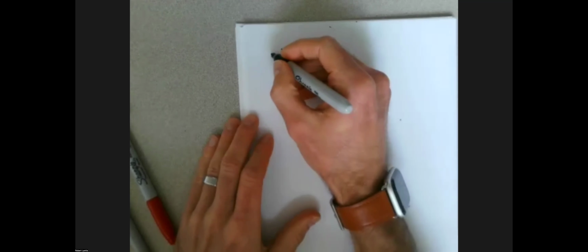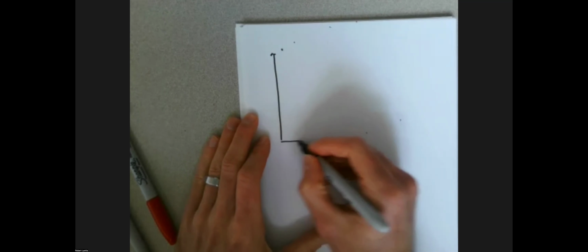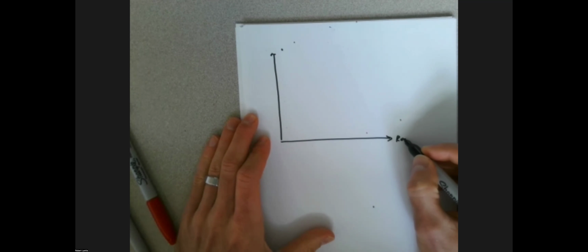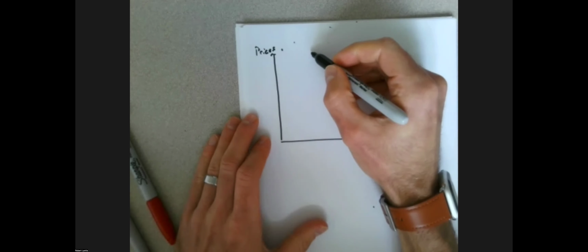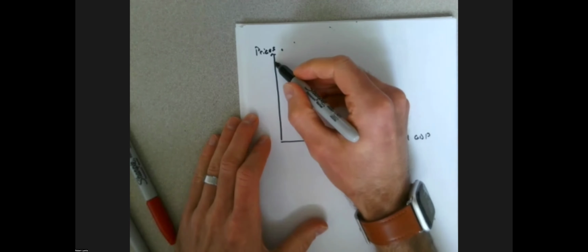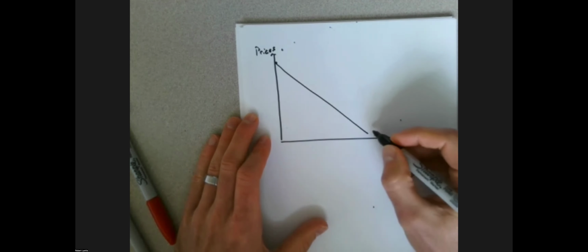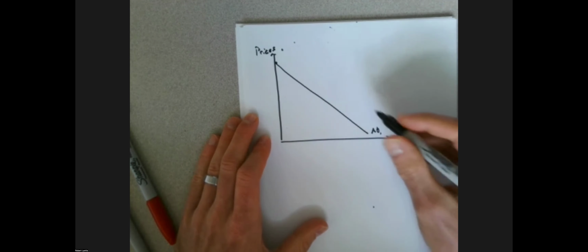Okay. So let's assume that we go back and we look at this aggregate demand, aggregate supply model. And now I want to start out, so here's my aggregate demand.